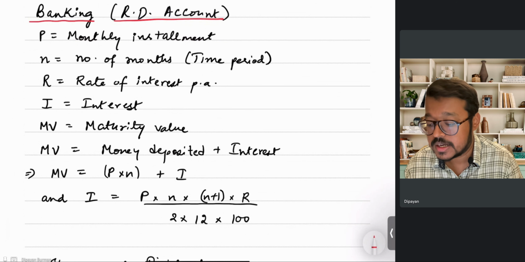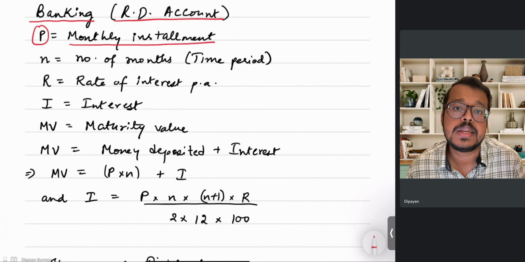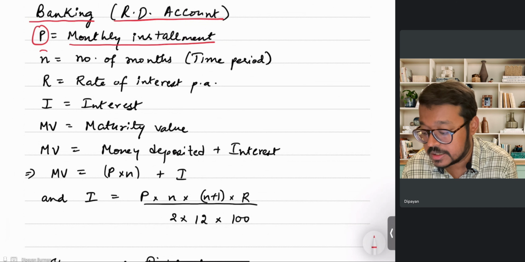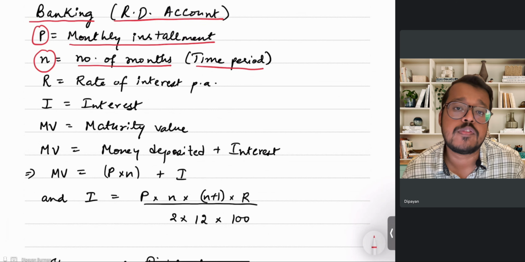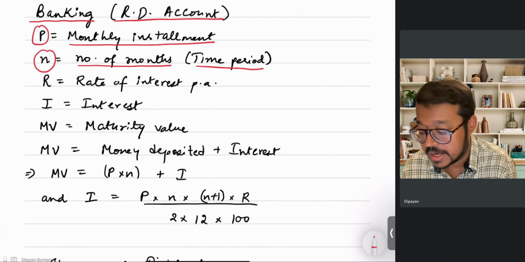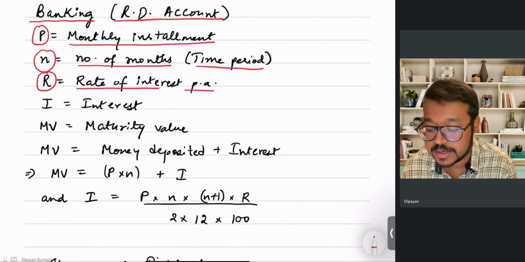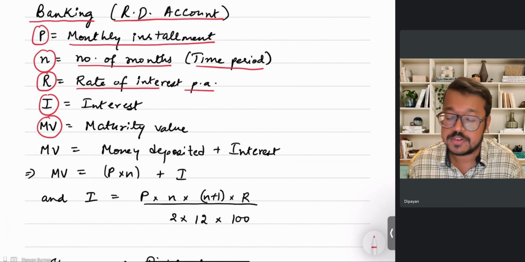So we will say that P is the monthly installment or the amount paid by the person to the bank every month. N is the time period in number of months. So if there is a time period of 1 year, the value of N will be 12 months. And R is the rate of interest per annum. I is the interest. M is called the maturity value.